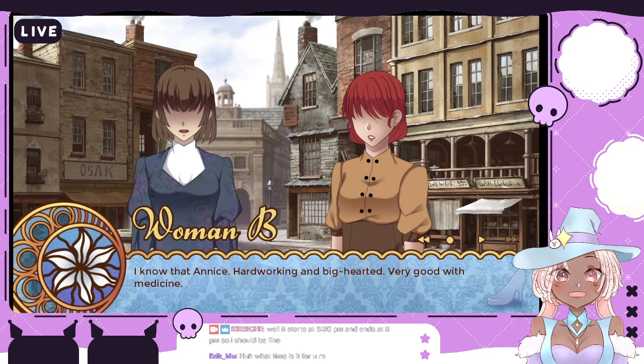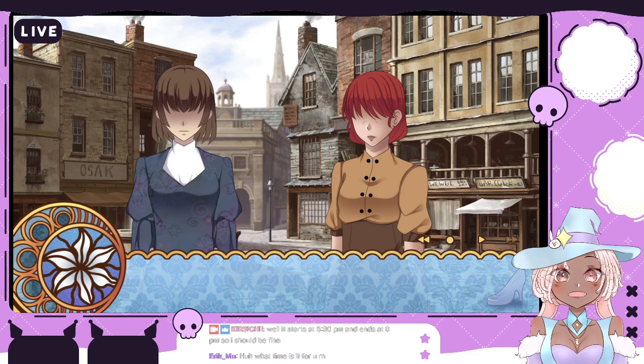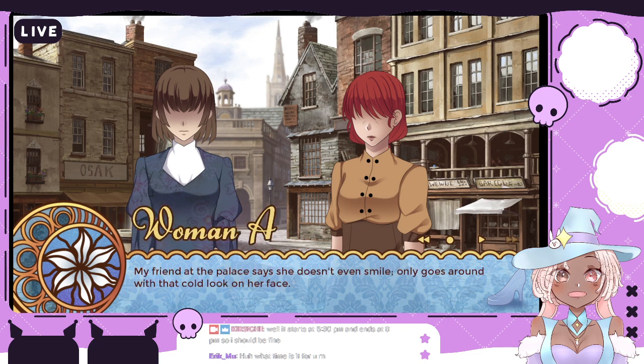I know that Anise, hardworking and big-hearted, very good with medicine, lost her job so quickly. You know how hard a crown princess is to please. My friend at the palace says she doesn't even smile, only goes around with that cold look on her face.